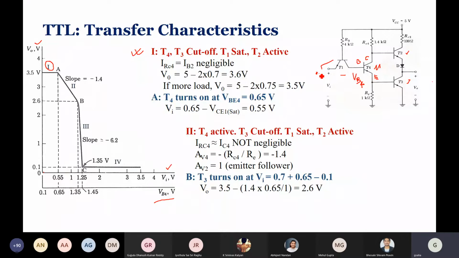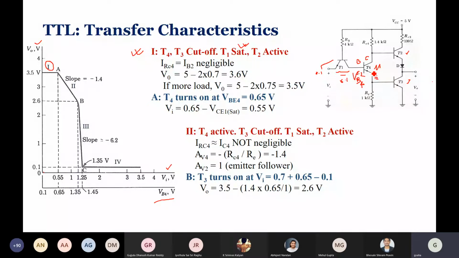Okay, so that makes T1 go into saturation. When T1 is going into saturation, this voltage drop is 0.1 volt or so. And this is 0.1 volt over here. So together 0.1 plus 0.1, this is 0.2, which is insufficient for T4 to turn on.